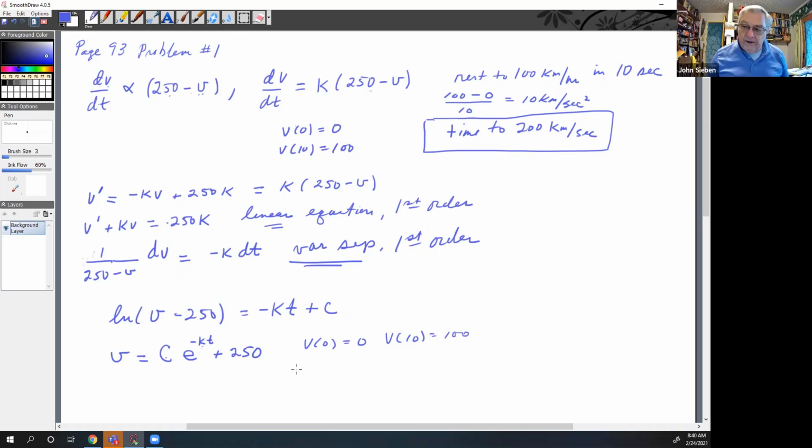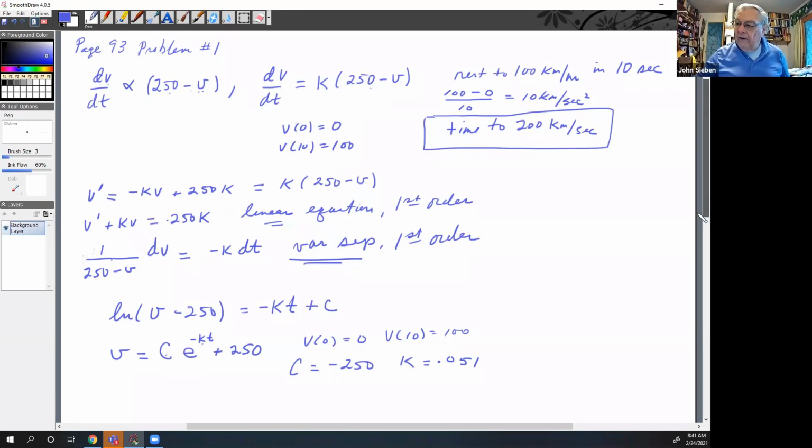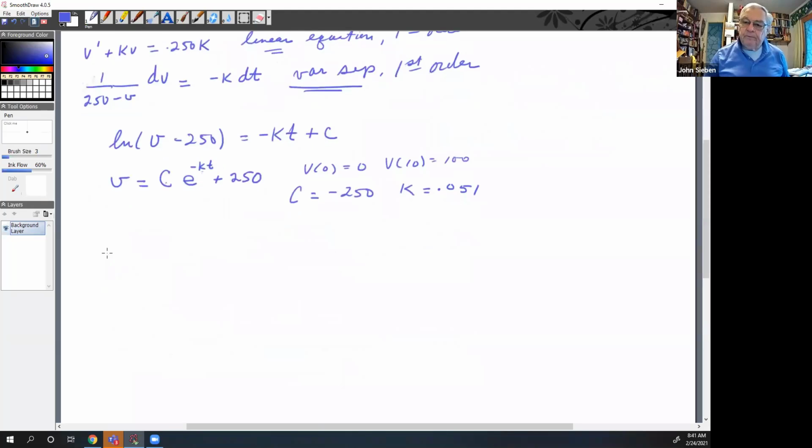And so that will let us find C. And in the interest of time, I'm going to find C is negative 250, and K is equal to 0.051. So I used the general solution and two conditions that I knew to evaluate C and K.